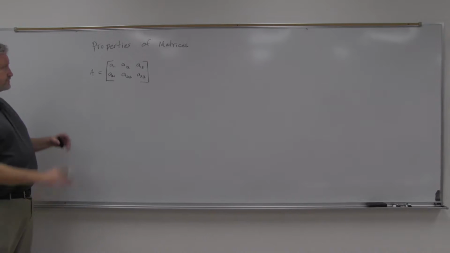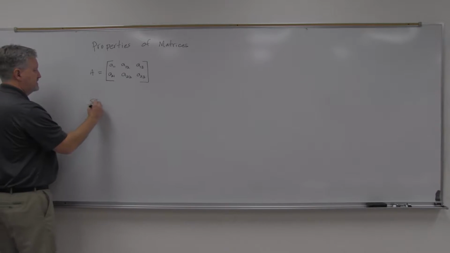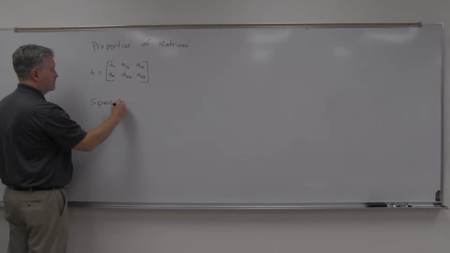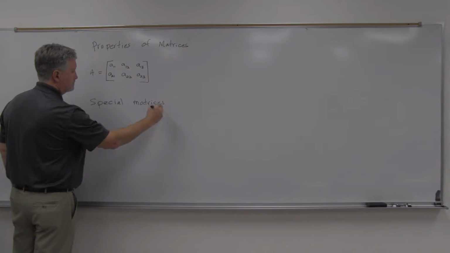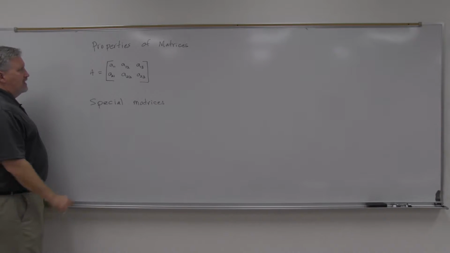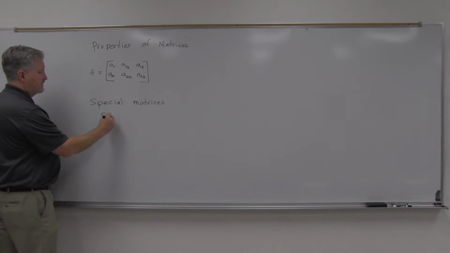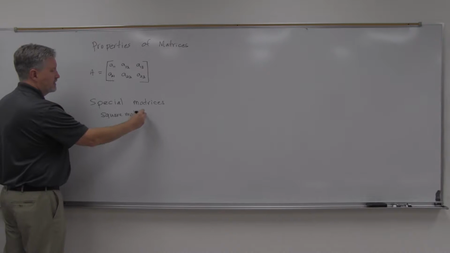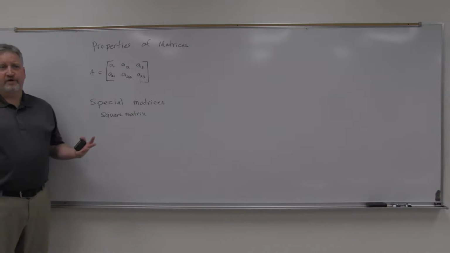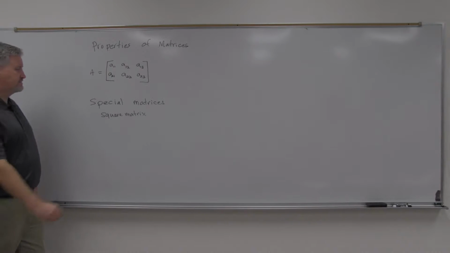Also, there's a couple other special matrices. Of course, you have a square matrix. That, of course, would be one where you have the same number of rows as you have columns.